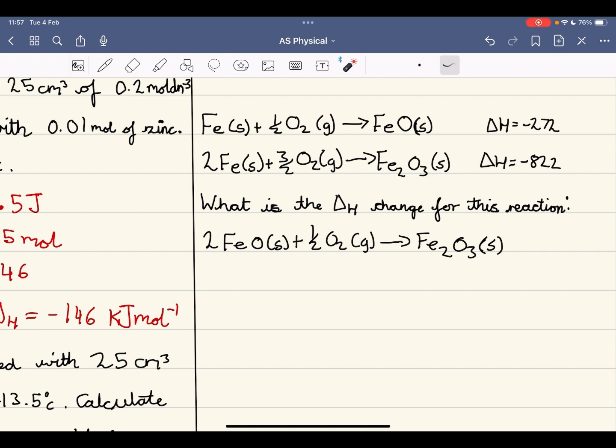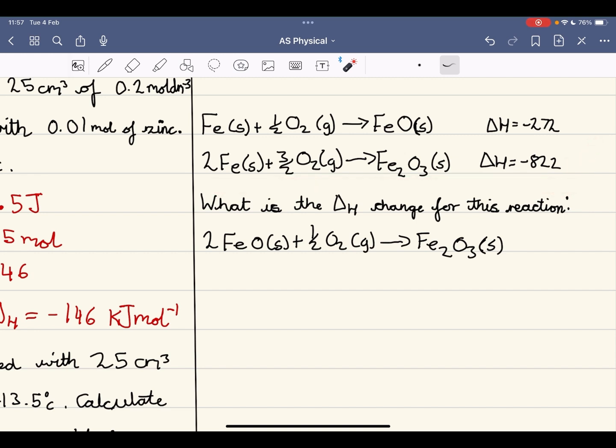In the final reaction we have Fe2O3 as a product, so that's the first thing that I look at. And here, this is the only thing that has Fe2O3, and it's on the product side, so it's in the right direction. Also, we have 1 mole of Fe2O3 and we have 1 more here. So this reaction is perfect.